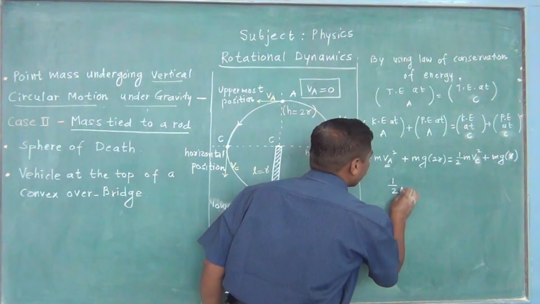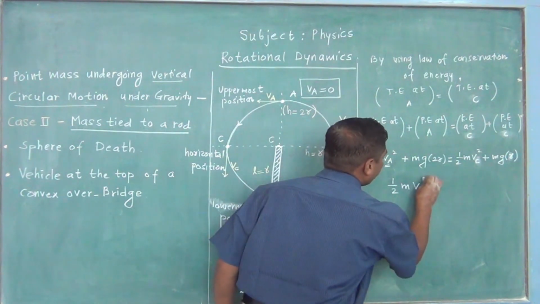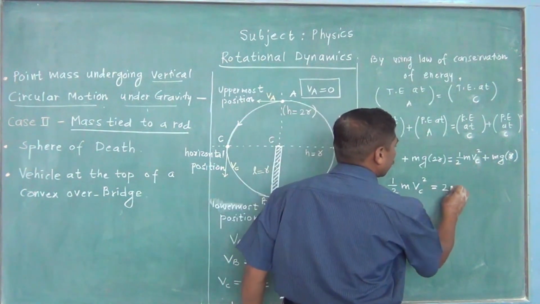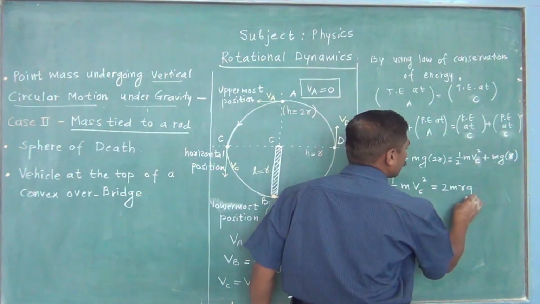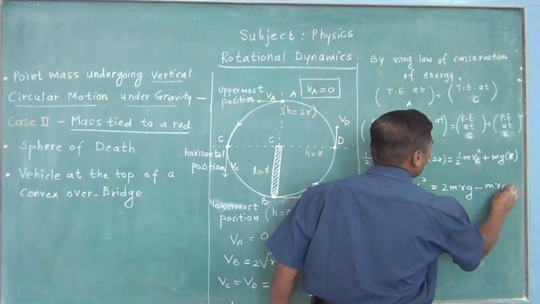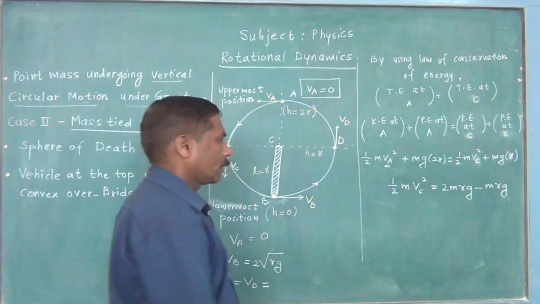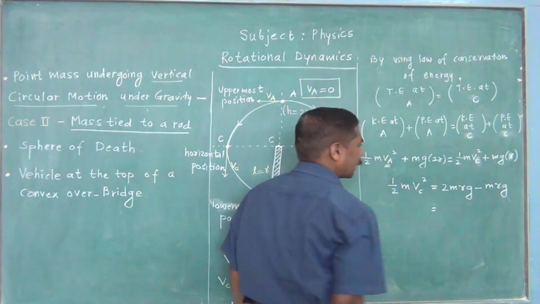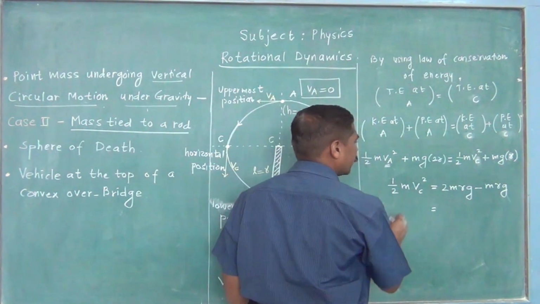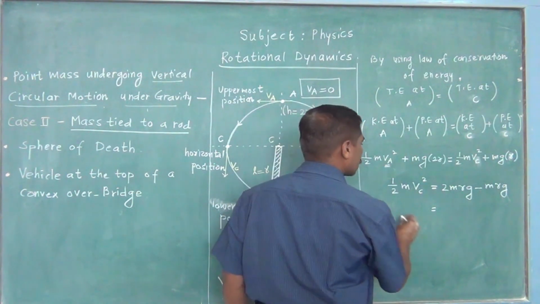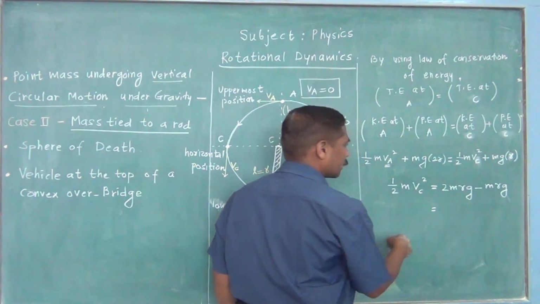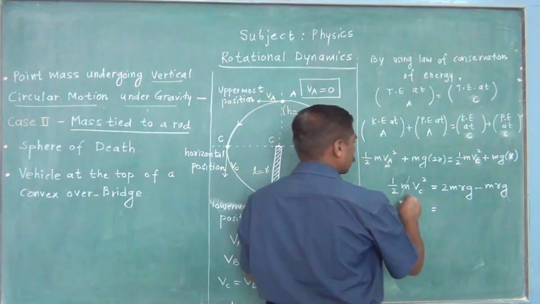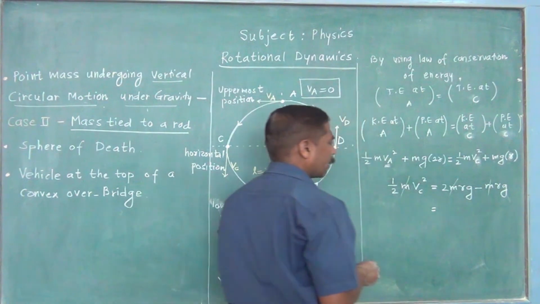So we can make the equation half m vc square is equal to 2 times of mrg minus mrg. So you will get the difference, that is 1, and the 2 will get transferred here. The m will get cancelled, so we can cancel out m here.